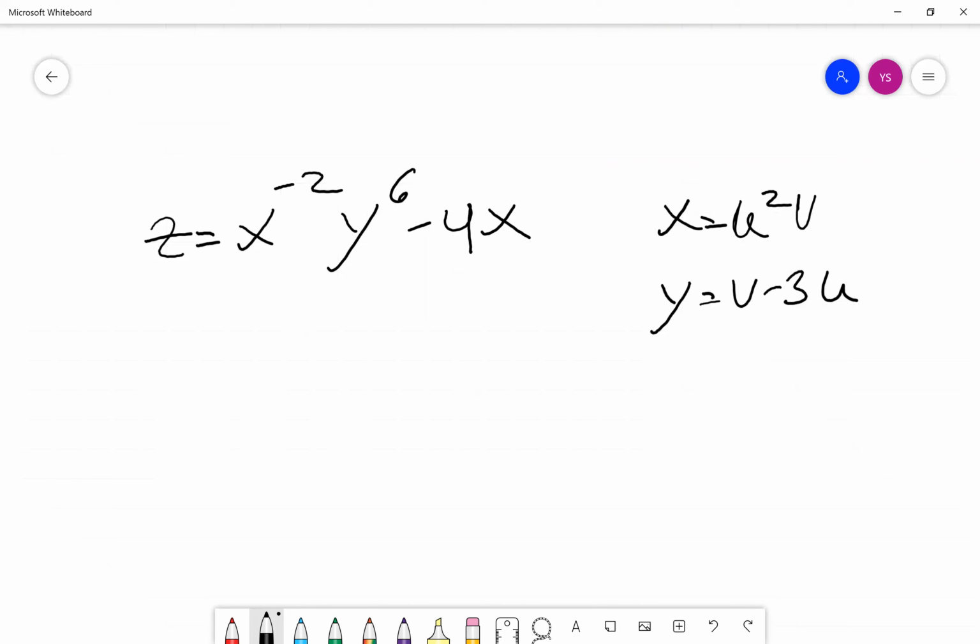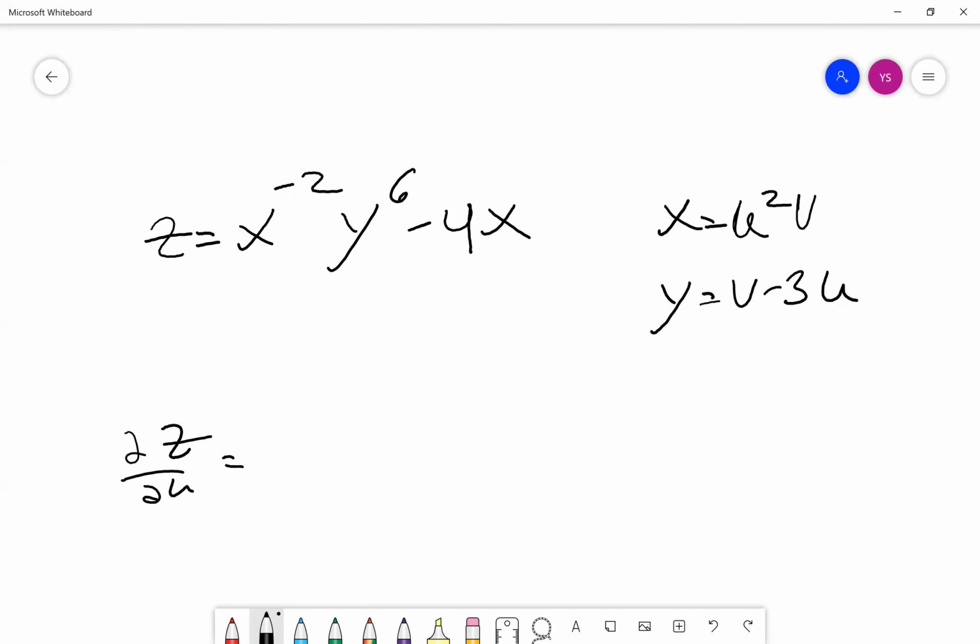So then the question is, what is the partial of z with respect to u? So let's try to answer this.